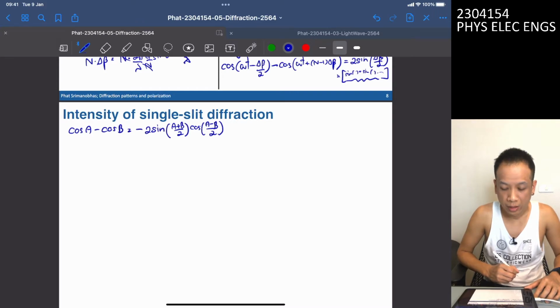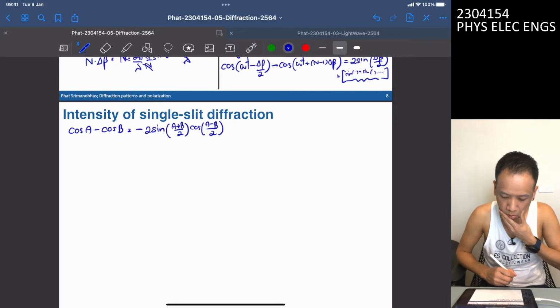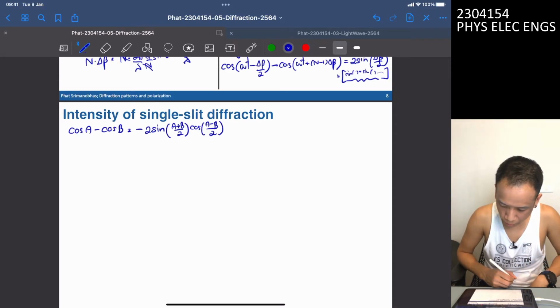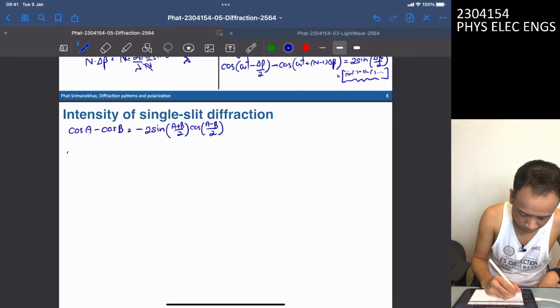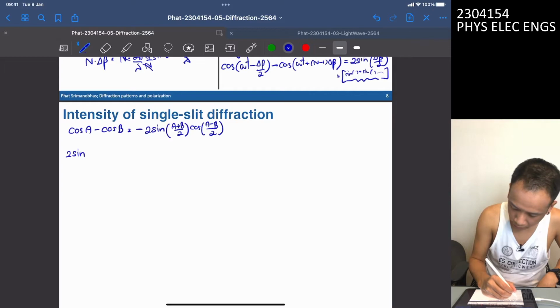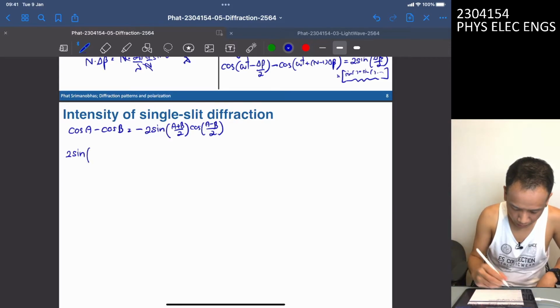Let me write the right term first so that we don't end up with a mistake at the end.